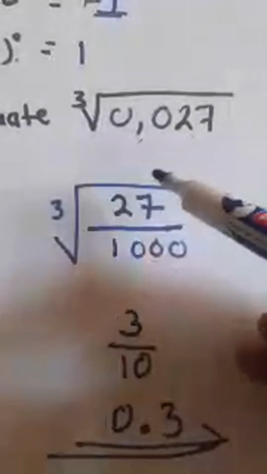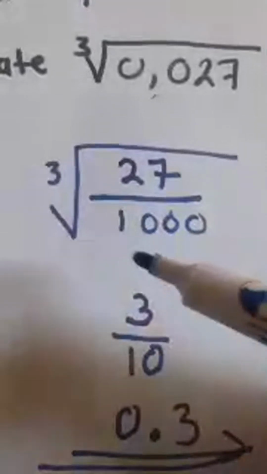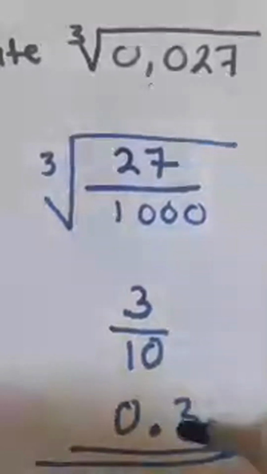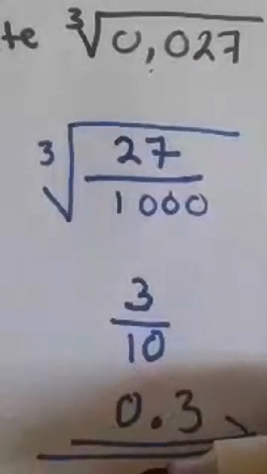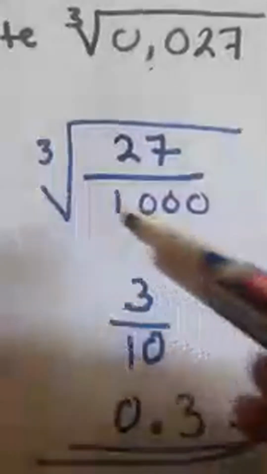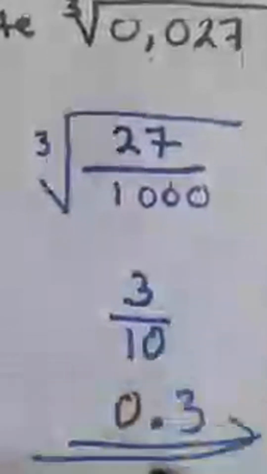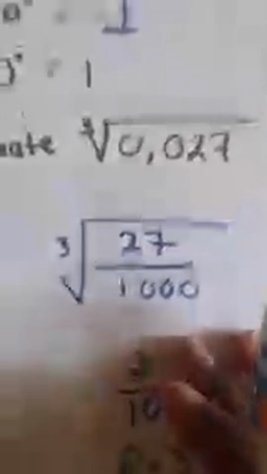We have 3 digits, so it's over 1000. 27 over 1000. A number that we multiply 3 times to get 27 is 3. A number that we multiply 3 times to get 1000 is 10. So 3 over 10 is equal to 0.3. Let's have a recap.